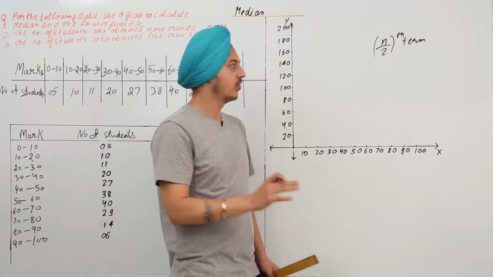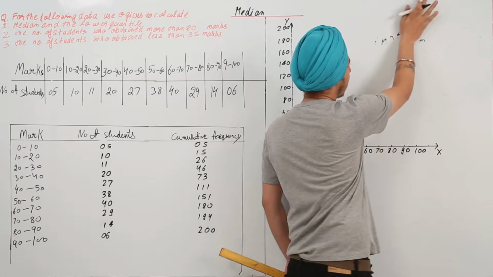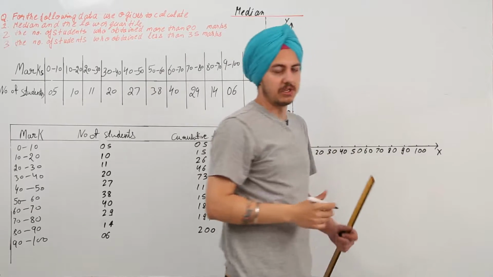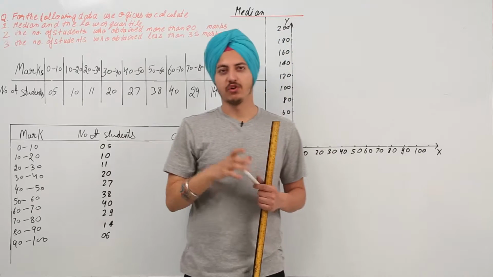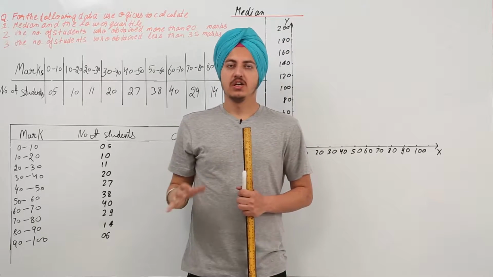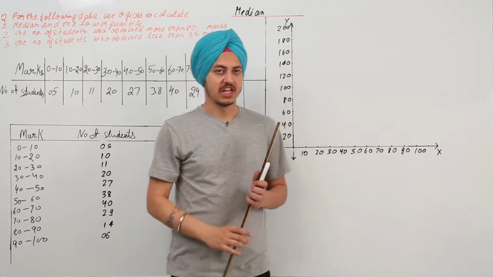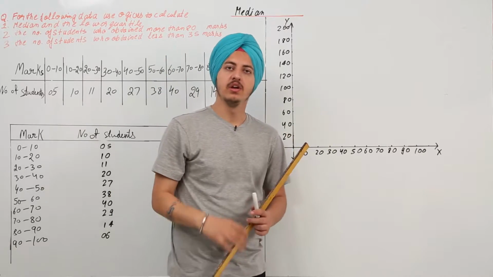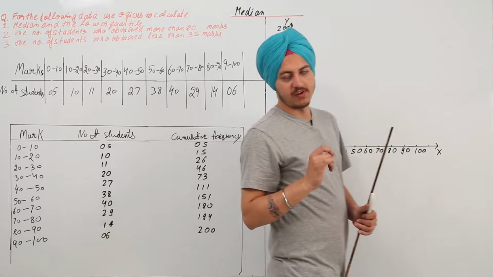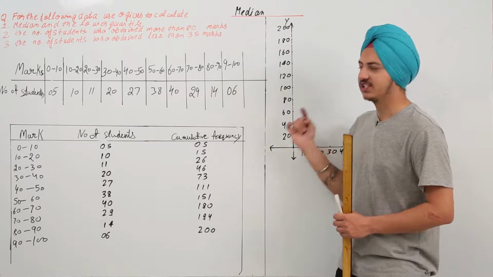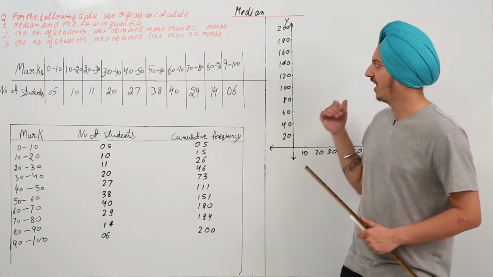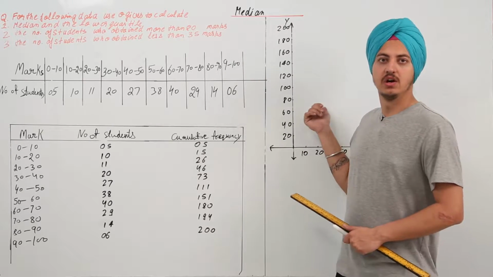Okay, that is all you have to use for even data only, and the rest of the formulas remain the same. That means the median for the odd data and the upper and the lower quartile, all of their formulas remain the same, but the formula for the even group of data, that is if the number of observations is even, that is changed, and that is equal to the n by 2th term only, while we are using ogives.